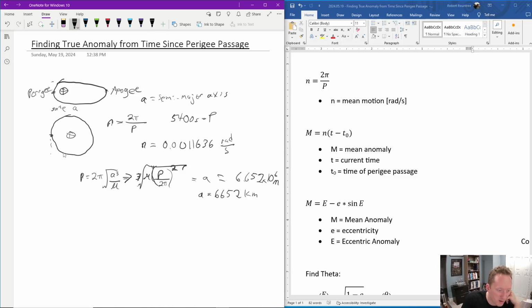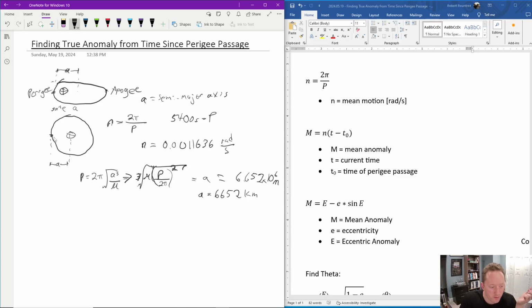I'll go ahead and draw that, right? Semimajor axis is this length here, that's A, and for your elliptical orbit, that's A, or this entire orbit is 2A, right?